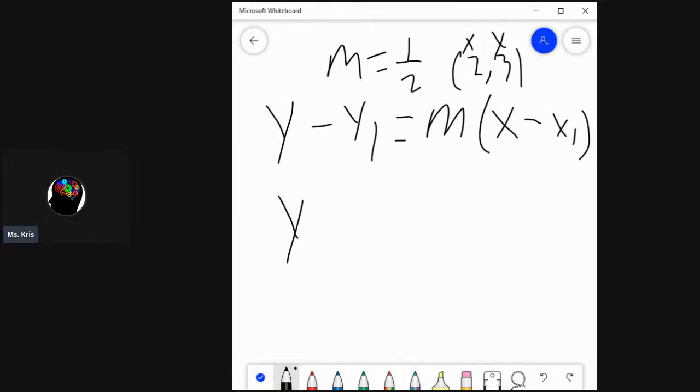So y minus my y1. x1 would be 2, y1 would be 3. So my y1 is minus 3. My slope is 1/2, and my x1 is 2.